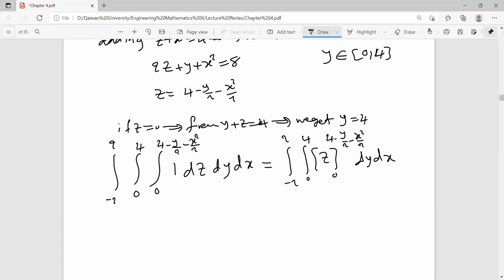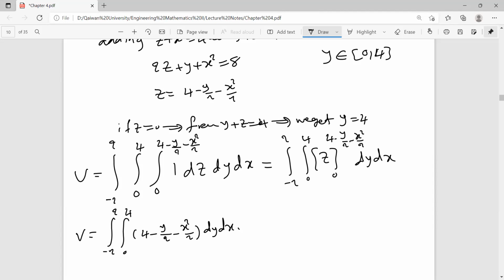That equals V, that's the volume, equals the integration from -2 to 2, and then from 0 to 4, for 4 minus y over 2 minus x squared over 2, then dy dx.